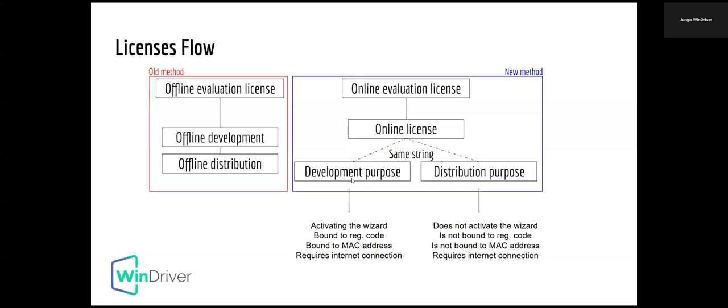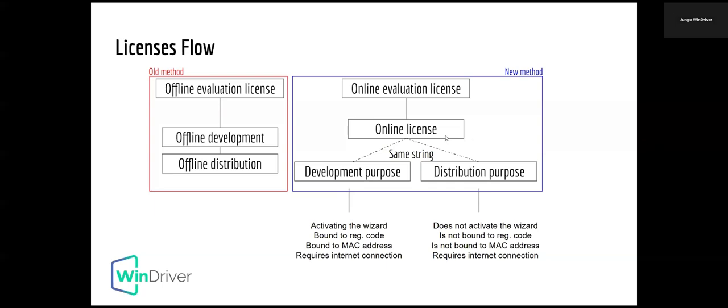But again, there is a solution for everything. If you think it won't work with your distribution model or development model, talk to us. And I believe we will figure it out. So this is how it is going to work in 16.4 and up.